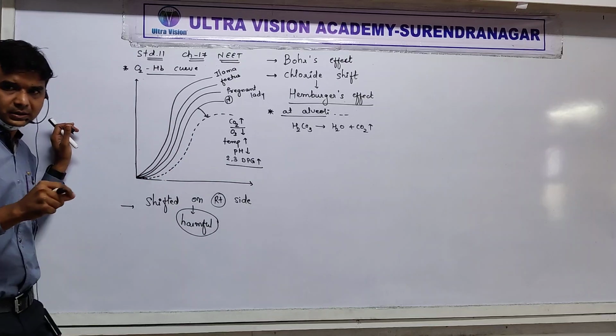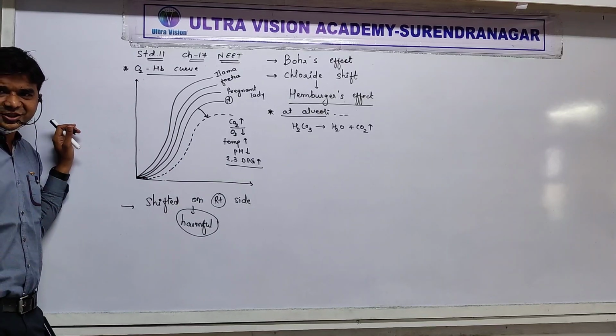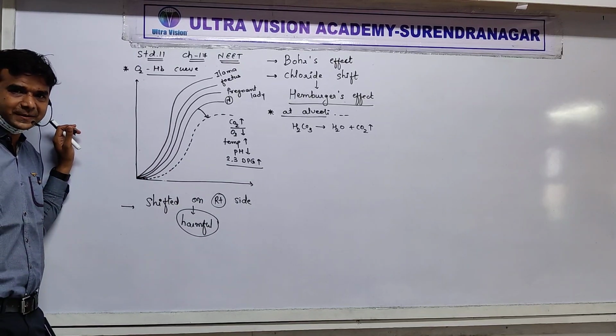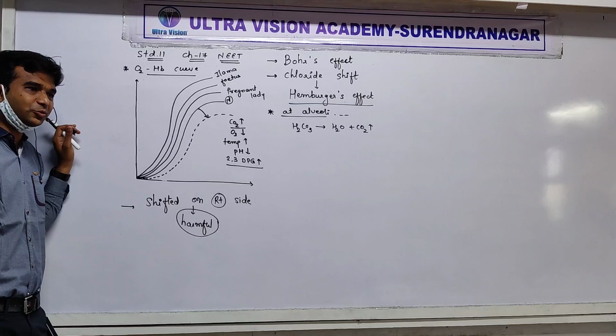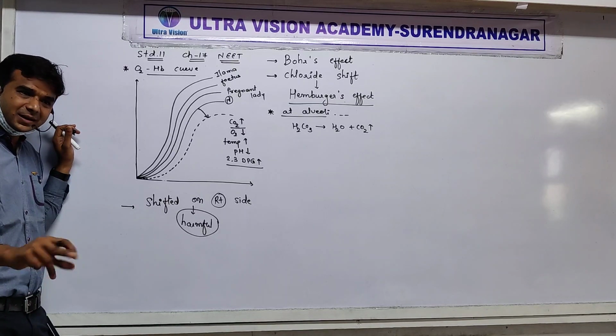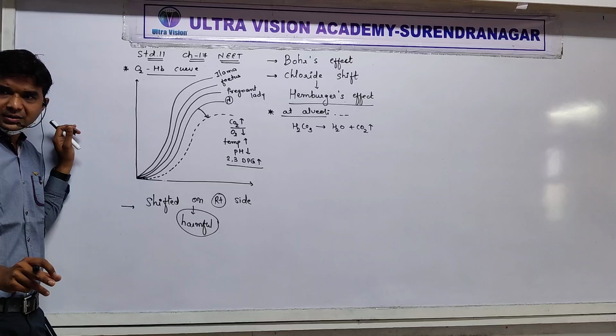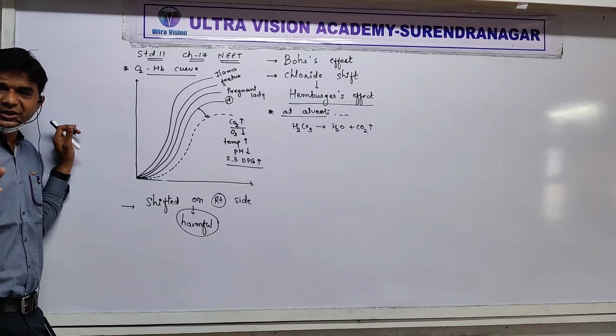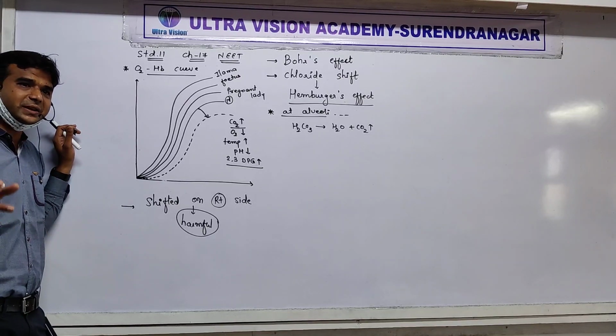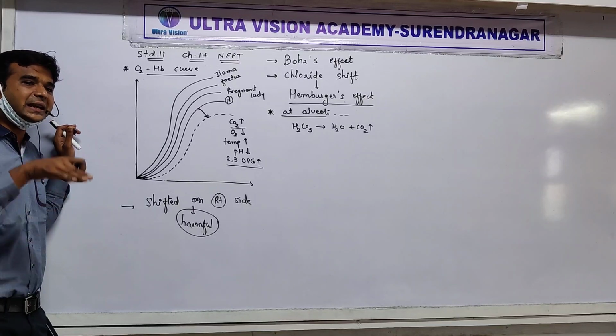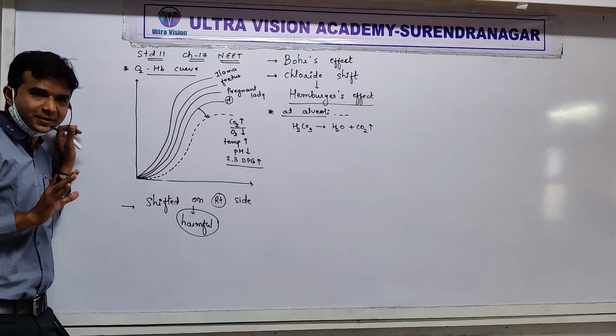Where did we discuss the CO2 transport in the previous lecture? Between blood and tissue. How the oxygen reaches the tissue and the tissue releases carbon dioxide and how it is transported through blood.